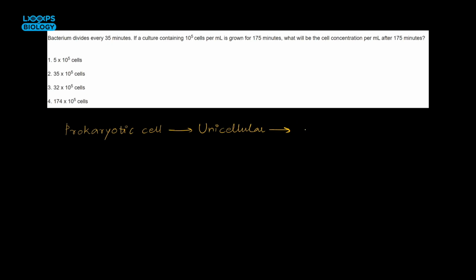So unicellular organism undergoes cell division to give rise to two cells, and these two cells are formed after every 35 minutes. Alright, so right now, initially the cells are 10 raised to 5.